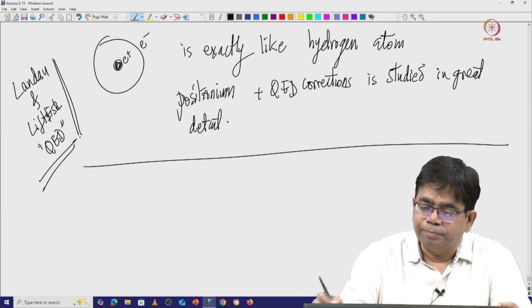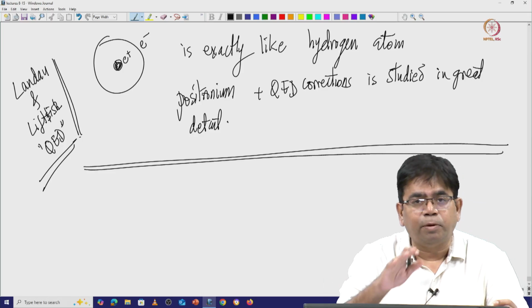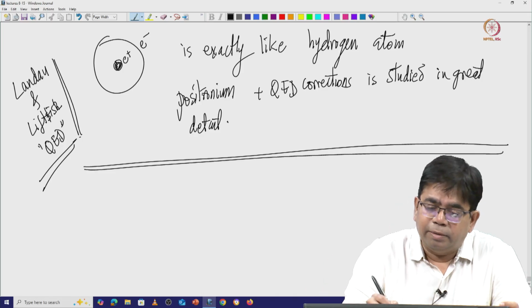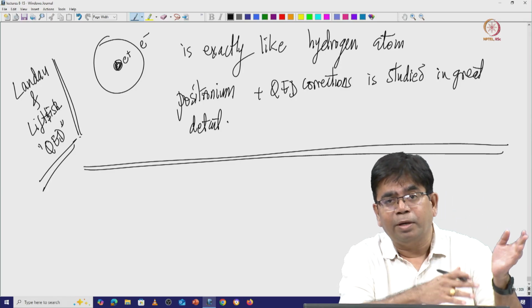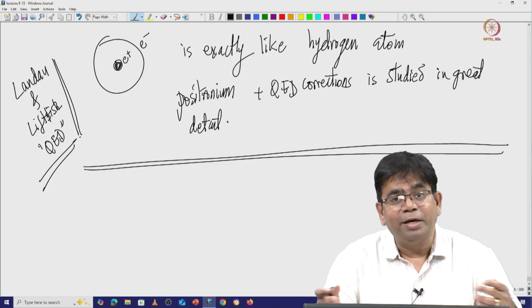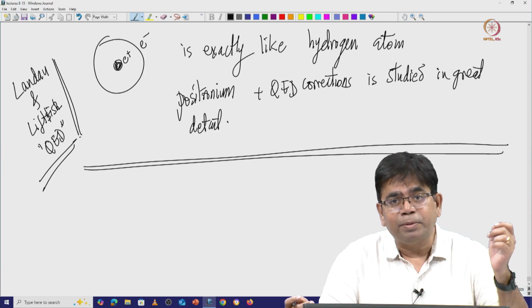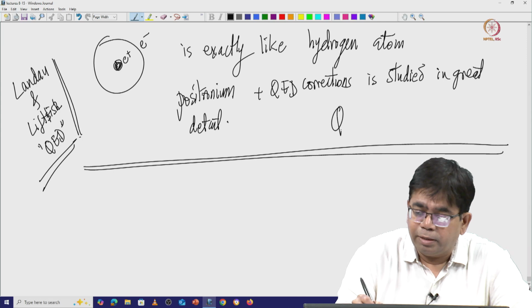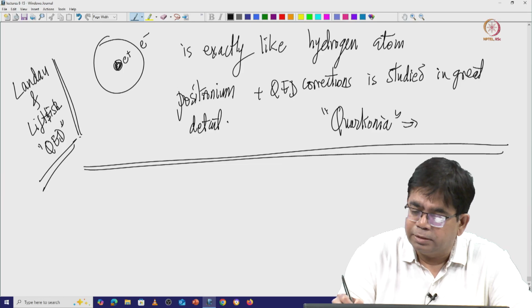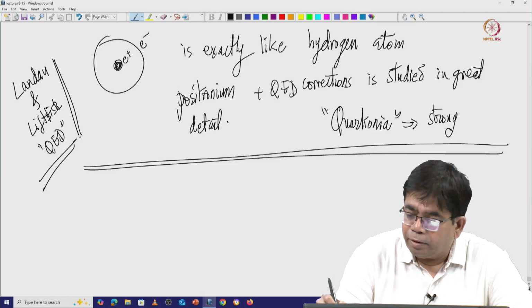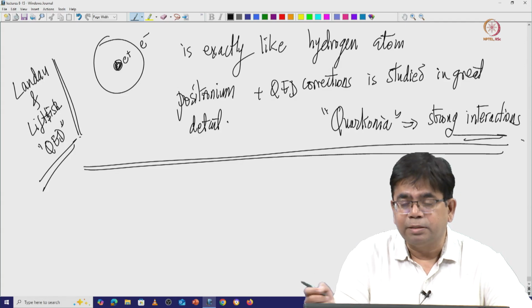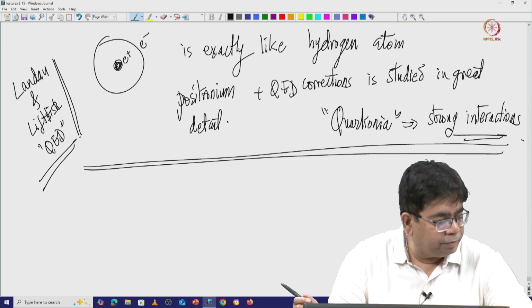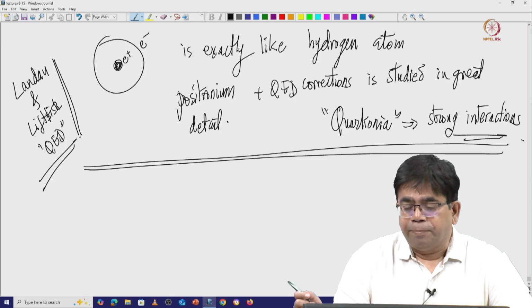We will start with the simplest case. There are positronium and quarkonium, and these bound states also contribute in higher order QED or QCD corrections, if you have a very precise quantity which you are measuring. Quarkonia in the QCD sense, in the strong interactions, are all treated in this fashion.